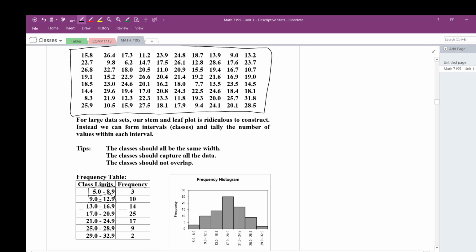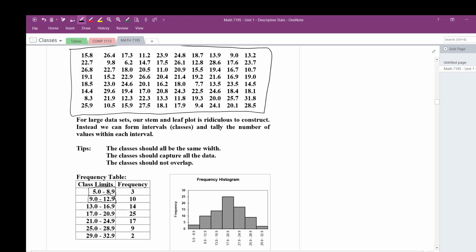You can fiddle around with it until you get a plot that looks good. Software makes this not too hard to create, so you can play around with it until it looks good. Just make sure you follow a few rules: that your classes don't overlap, and that you cover all the data. That's the main rule.